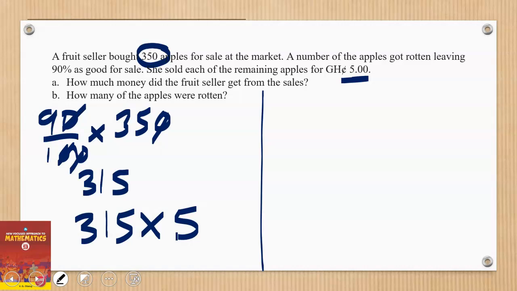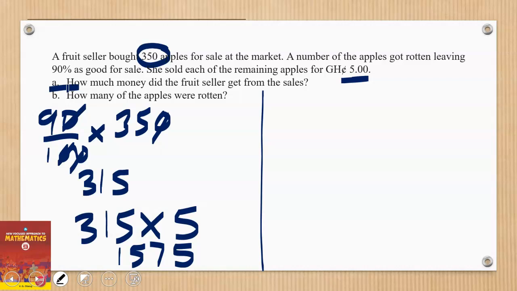Now 314 divided by 2, that is 150 plus 7. So 157, right? 157, then we attach 5. We attach the 5 because it's an odd number. Okay, so our answer is 1575.